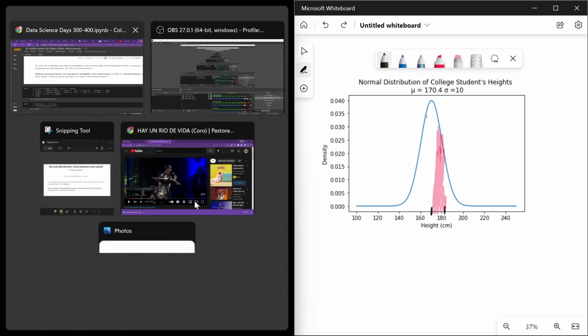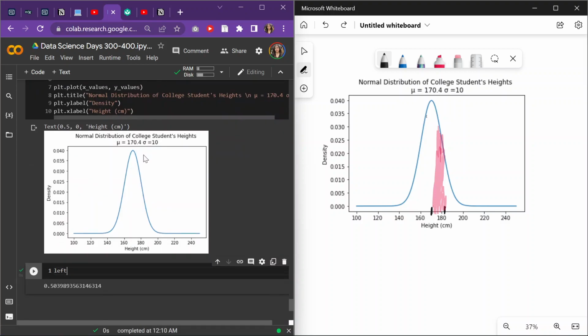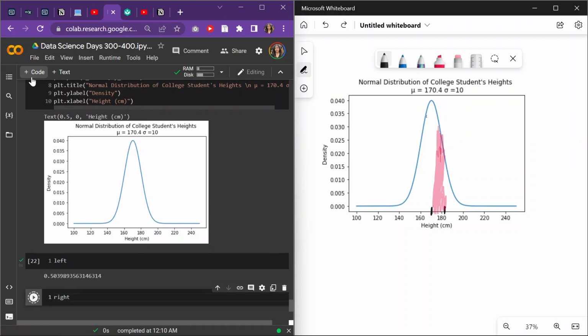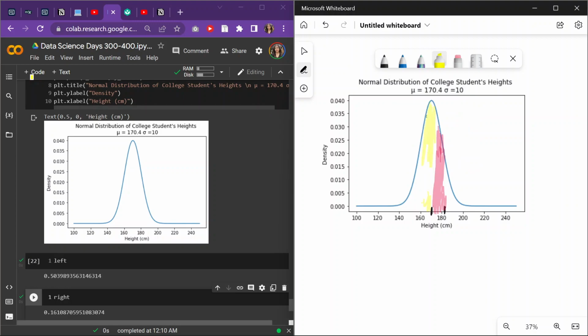Okay, so I could actually figure out what that was. To the left was that, the right was that. So the area to the left, let me do different colors, was the area in the yellow, and that was 0.5040, rounded.